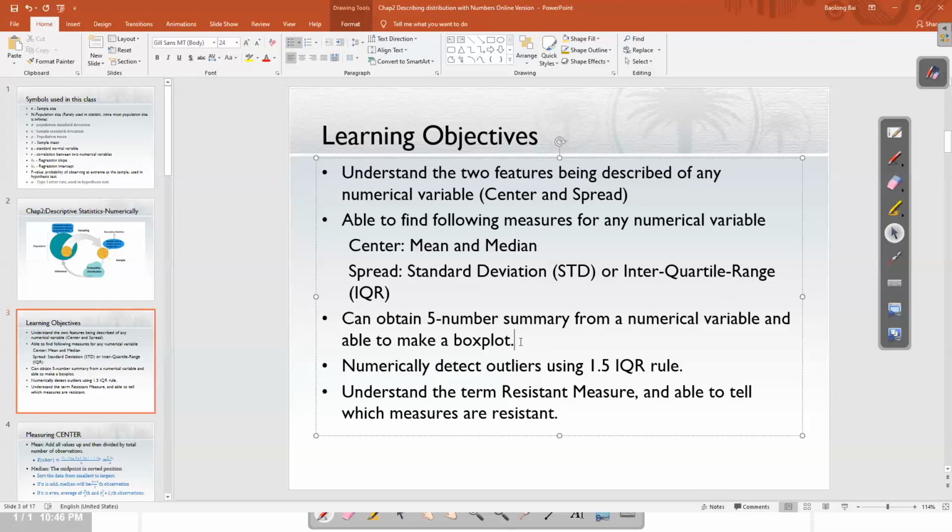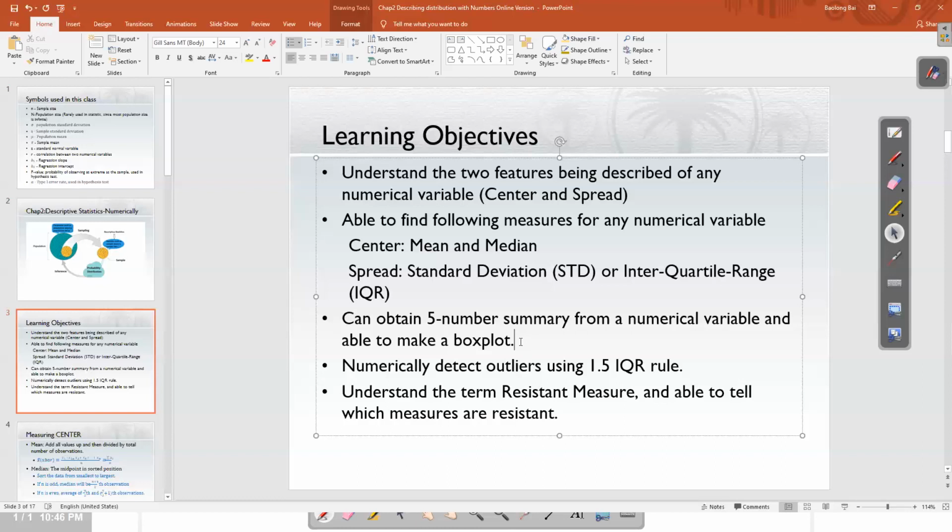We learned we can identify outliers from stem plot and histogram, right? But when we identify outliers from stem plot and histogram, it's very subjective. So different persons, when they look at the same histogram, may have different opinions about if a data value should be an outlier or not.